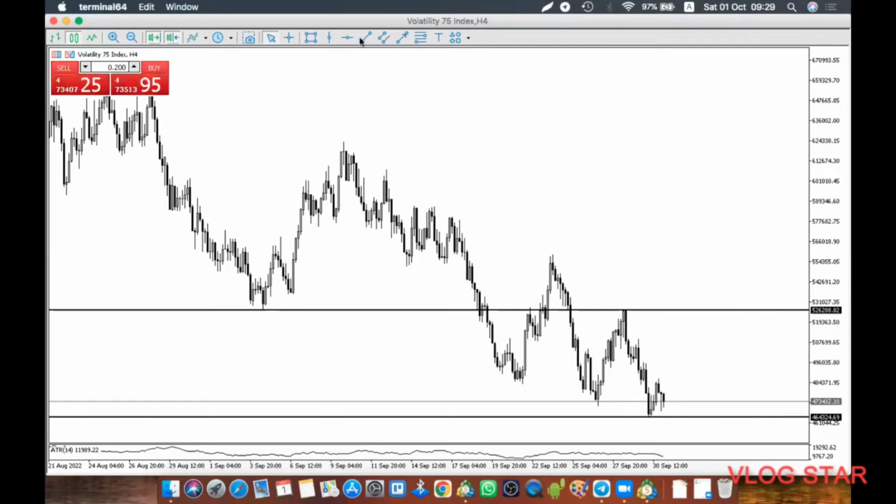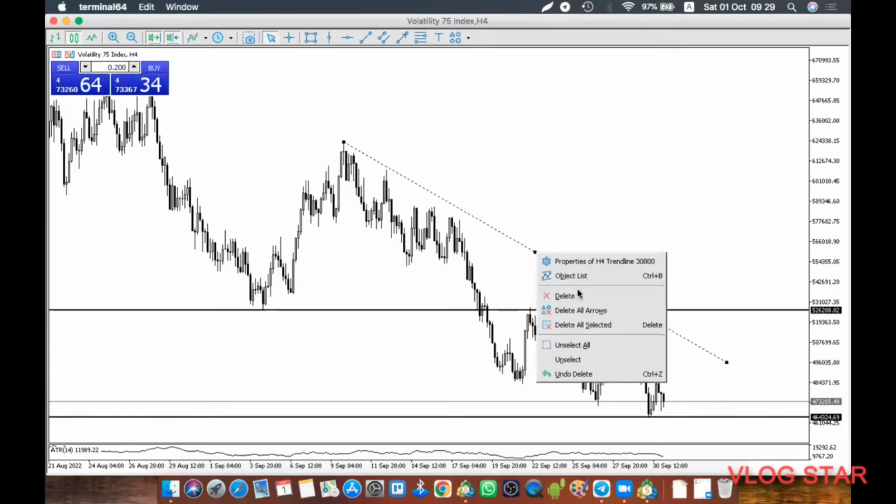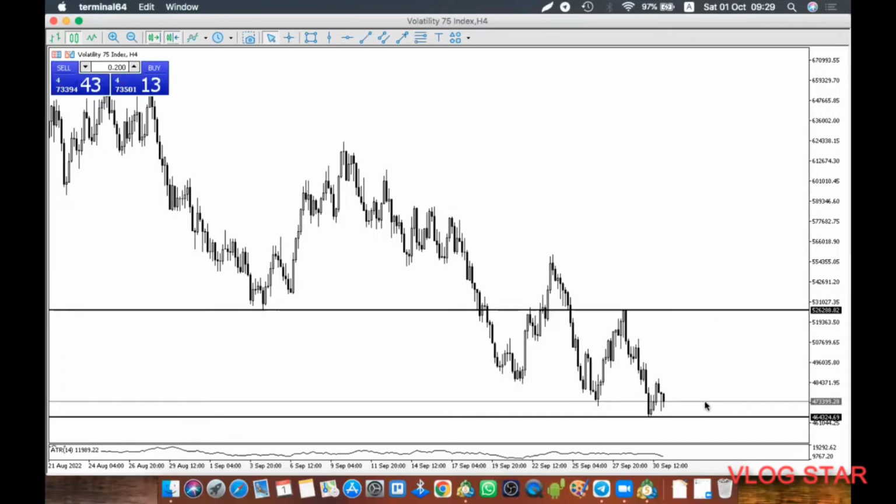But trend lines, you can put them anytime. Trend lines are not a problem. But these two areas are important. You know that the market from this area pushed down.